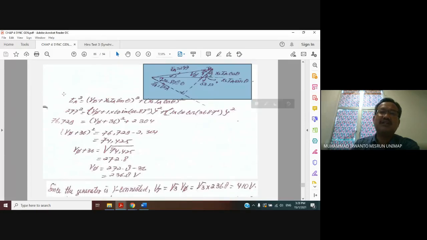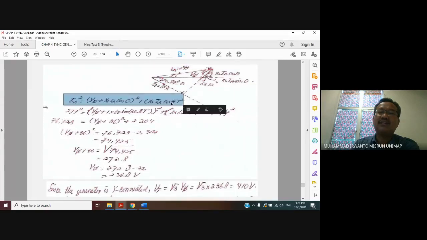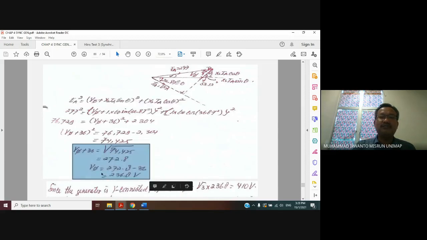We obtain this from this angle. So we can derive and then obtain the value of phase voltage. The last we can obtain the phase voltage is equal to 236.8 volt.